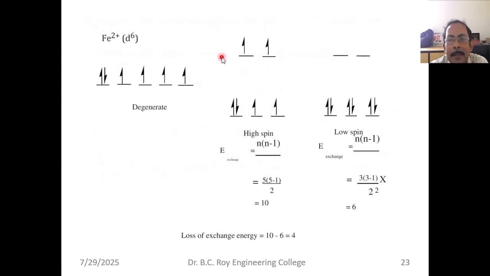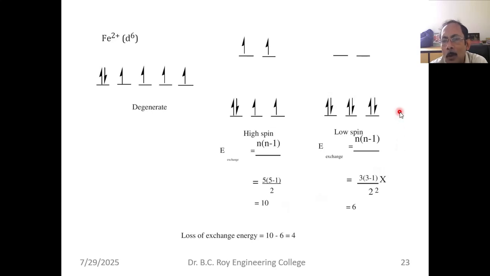Here one example is taken for high spin and low spin, just to understand how much loss of exchange energy there is. Here we take the example of Fe2+ with 6 electrons. 3 are in the t2g and 2 in the eg, and the electrons will be arranged like this for high spin, with 1 electron filled in each orbital. So the number of parallel electrons is taken as 5, and n into n minus 1 by 2 is 10.